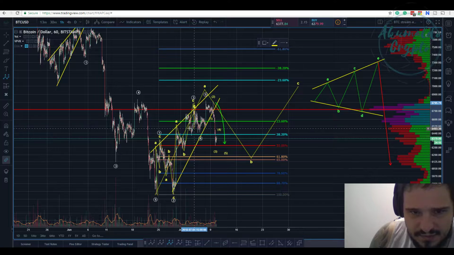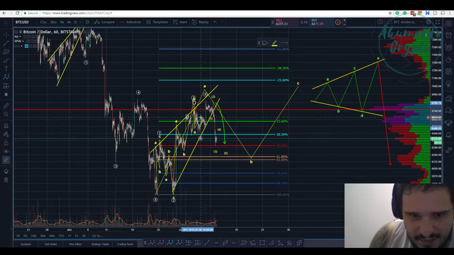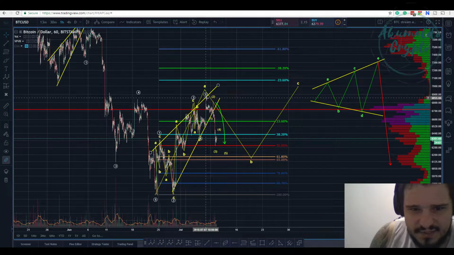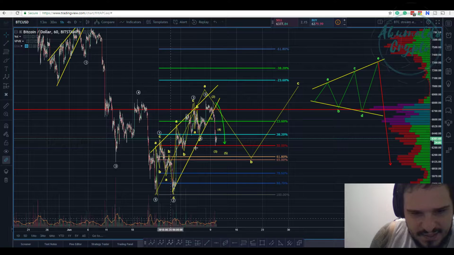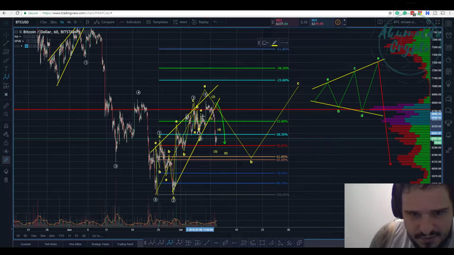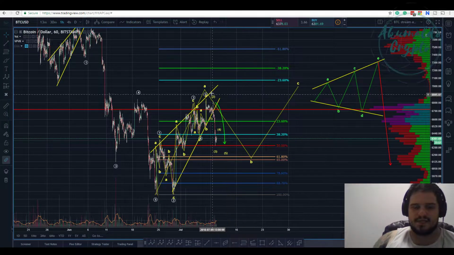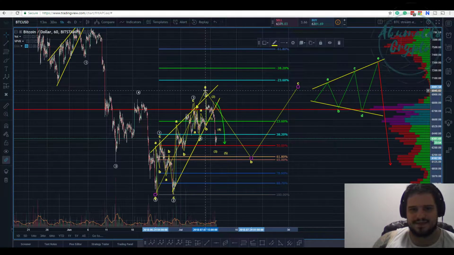Let me here A, B, and C. And our final ABC needs to be like this, like really short. A, B, C. Okay. Here we have, this is our leading diag to a corrective A.